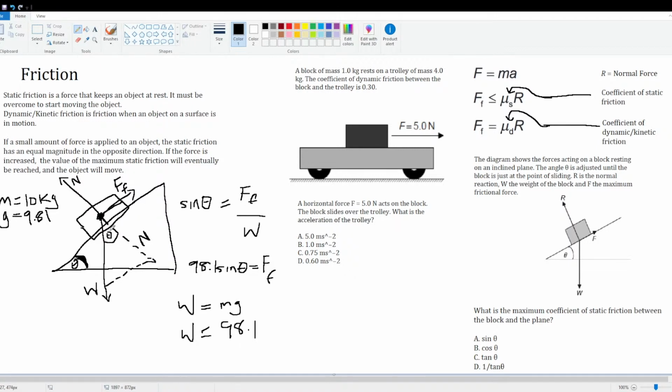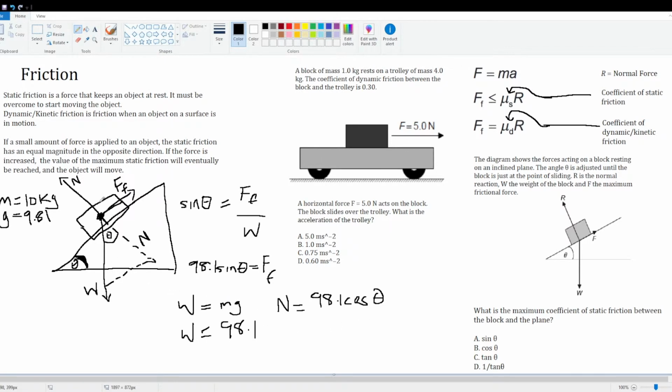So we want adjacent over, again, we know what the weight force is, so hypotenuse. So then N equals, we can just sub it in for this. So N equals 98.1 cosine theta. So that would be the normal force.